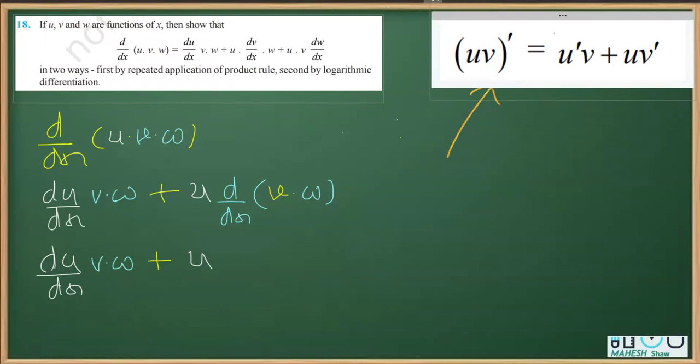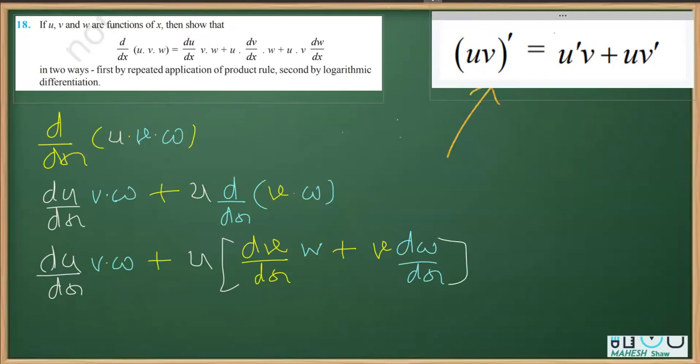So first I'll get the differentiation of this, which should be dv by dx. So it's like u dash v, right? The differentiation of the first function times the second function. Then there is a plus sign. Then we'll find the differentiation of the second function. So it's going to be v times dw by dx. This is the differentiation of the second function.